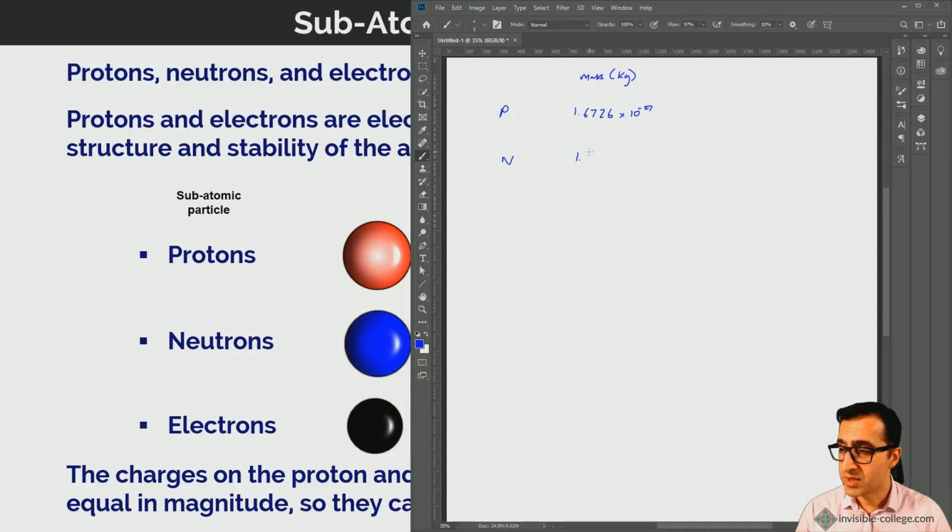It's about 1.6749 to 4 decimal places, times 10 to the power minus 27. Now the mass of an electron is way smaller than that. It's 9.1094 to 4 decimal places, times 10 to the power minus 31 of a kilogram.